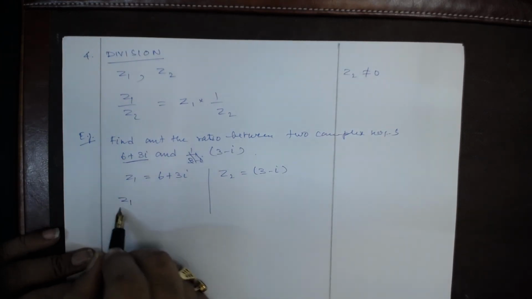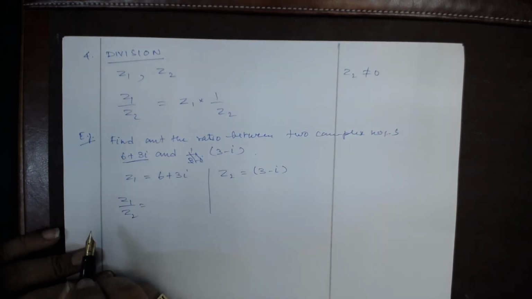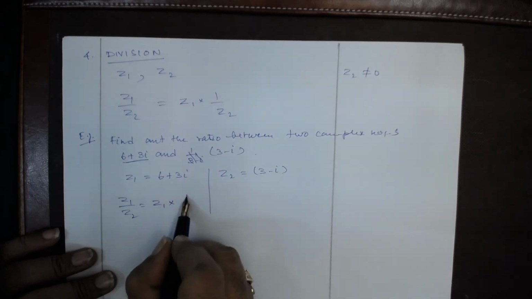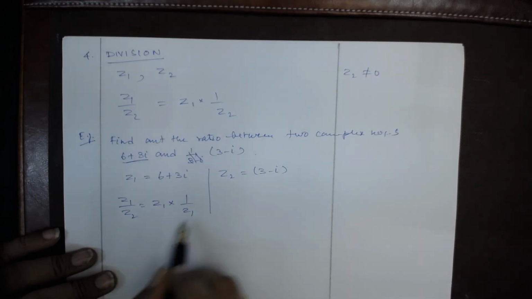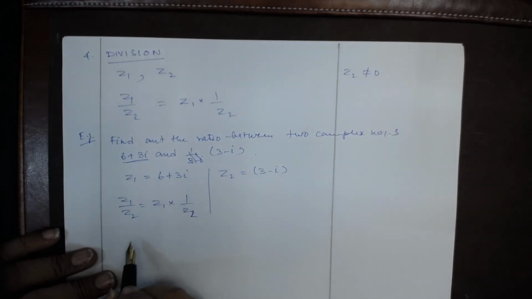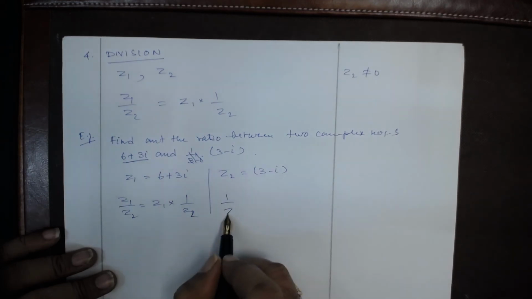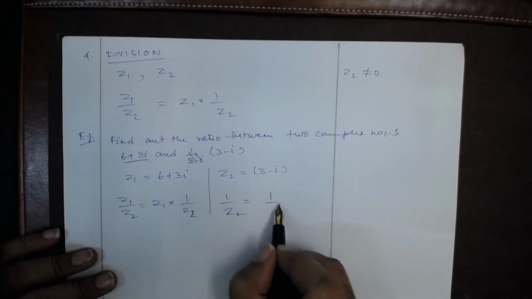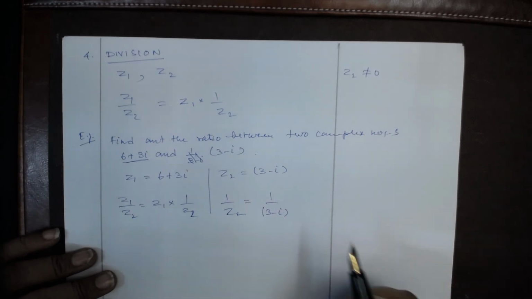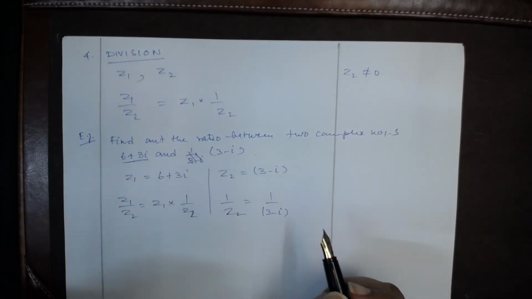We know z1 by z2 is nothing but z1 into 1 by z2. Therefore, we can have 1 by z2, which is nothing but 1 by 3 minus i. Am I right?